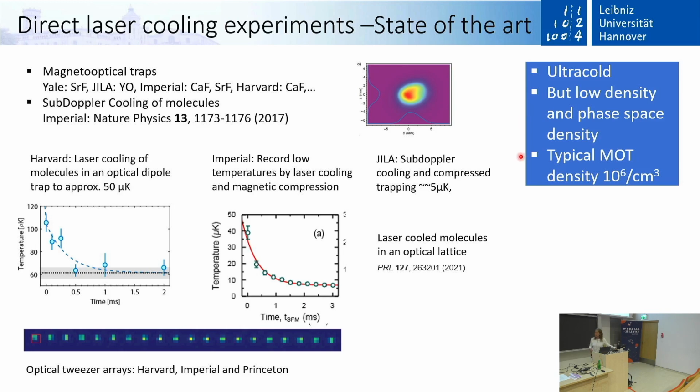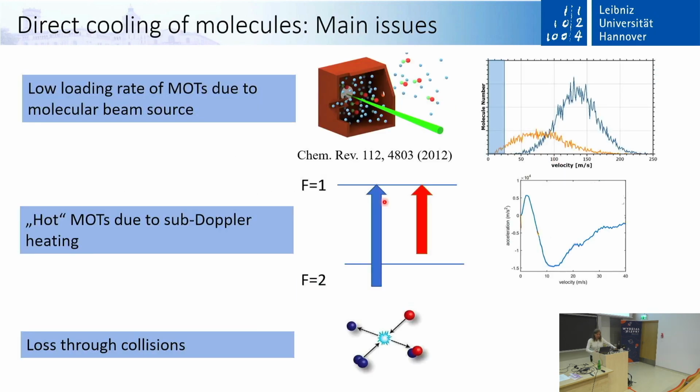One of the critical points is that you start right away from a relatively low density MOT with densities on the order of 10^6 per cubic centimeter, maybe 10^7. But for atoms, you typically have 10^10, 10^11 atoms per cubic centimeter. And why is this?